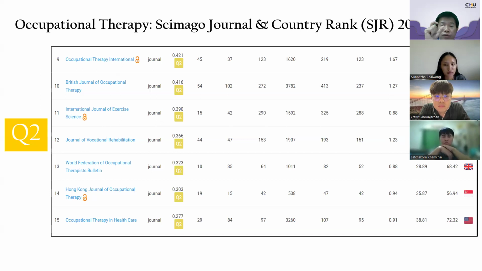You can see an icon that looks like a key, open, unlocked. Do you understand or not? Maybe Satakon understands. Open access, right? Open access means that the author needs to pay what we call APC, the article processing charge.